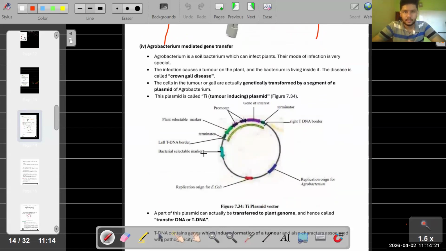Agrobacterium is a soil bacterium which mainly infects plants, right? The mode of infection is very special.